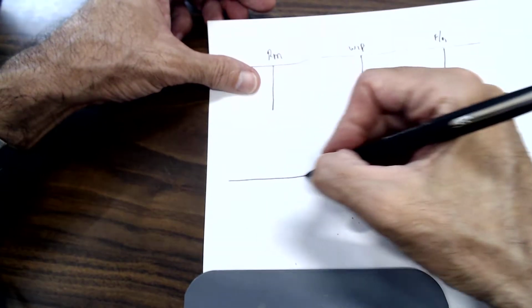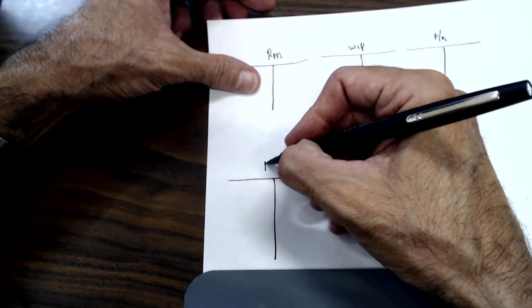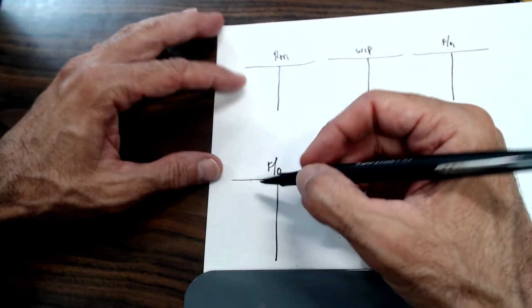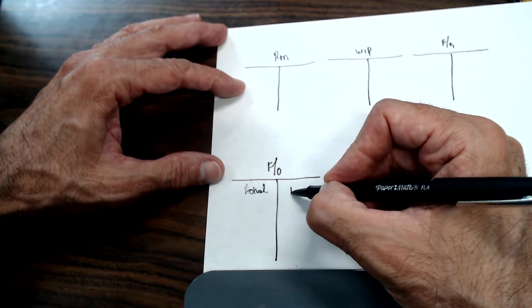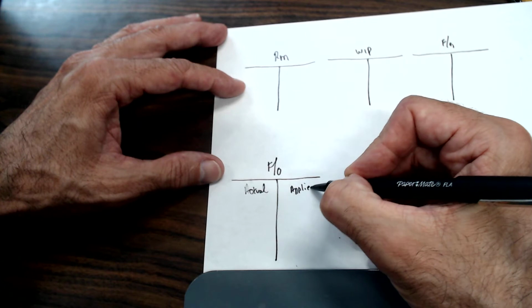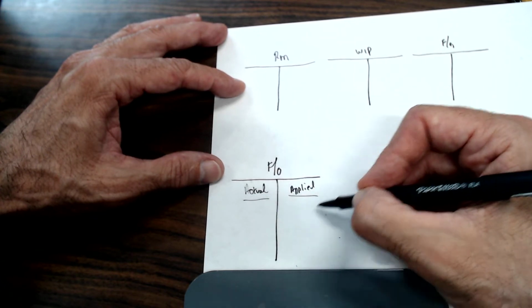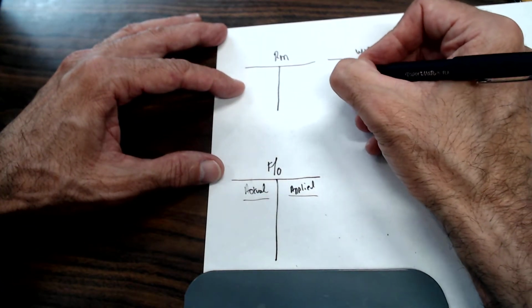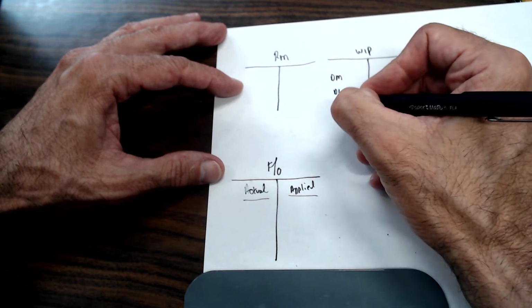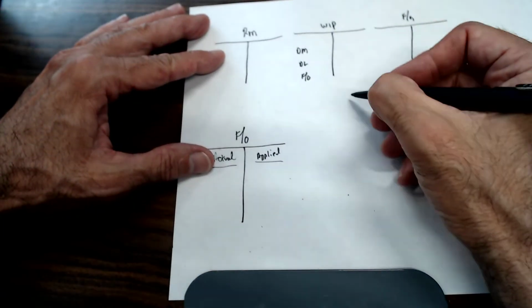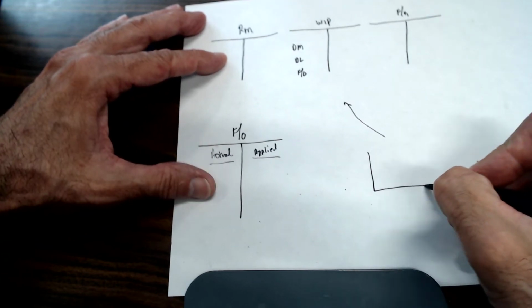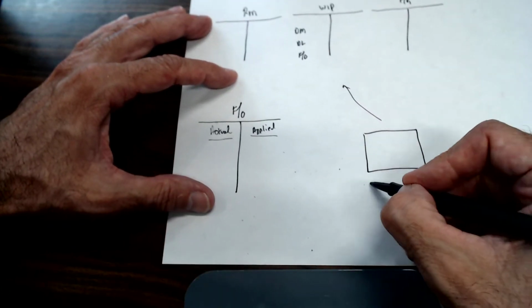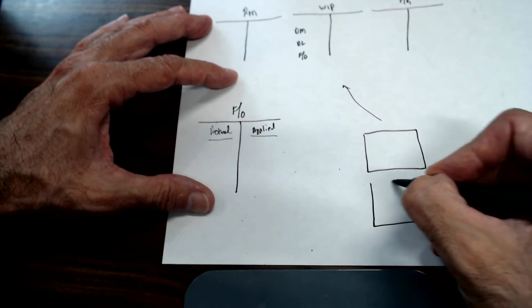Likewise, I know it has a factory overhead account where we're going to accumulate the actual overhead, and then we're going to take it out of here and apply it to work in process. Work in process is going to be represented by job cost sheets.